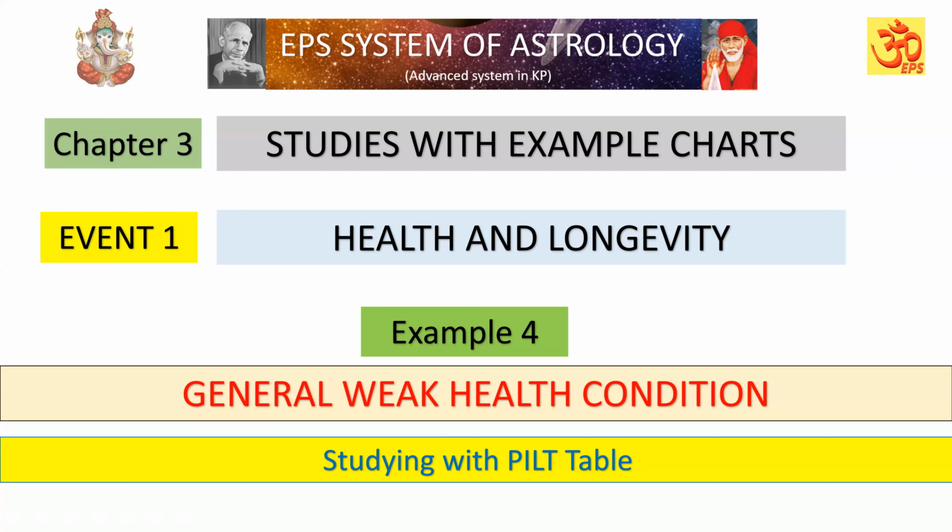But in the PILT table, we are trying to find the unfavorable key planets of the destiny and also the dasa lords and Buddhi lords, how they are connected, and which dasa Buddhi are supportive for such health issues. Let us examine such PILT table analysis for this example now.